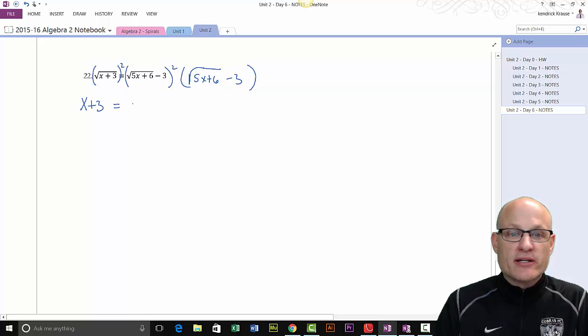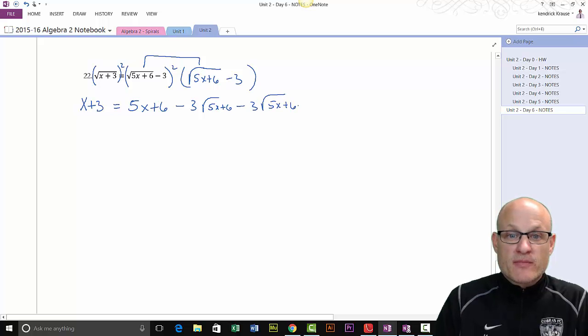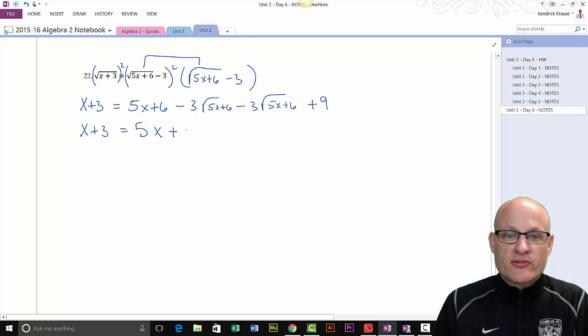On the right side, we're going to get these two multiplied together, give me 5x plus 6 minus 3 square roots of 5x plus 6 minus 3 square roots of 5x plus 6 plus 9. All right, we got a crap load of algebra to do. Let's clean things up on both sides first. X plus 3 is equal to 5x plus 15 minus 6 square roots of 5x plus 6.